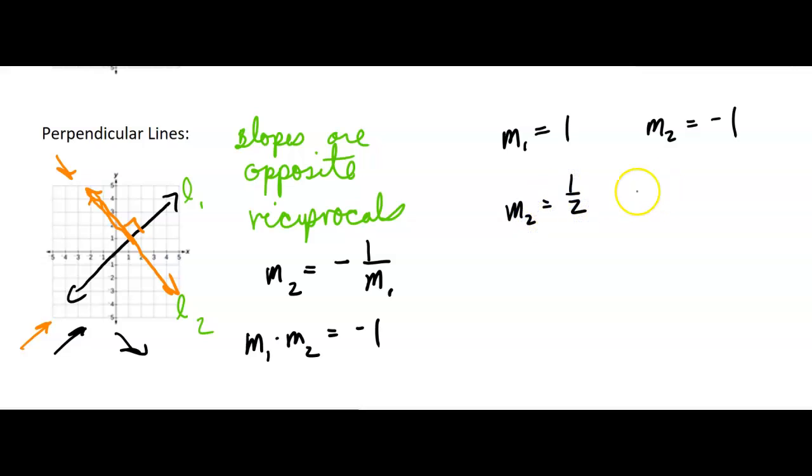Then the opposite reciprocal would be -2. So you're like flipping it over and you're doing the opposite sign. Say the slope of your first line is -1/3. Then the slope of the second line that's perpendicular to it would be 3. So they have to be one negative, one positive, and then they're reciprocals of each other.